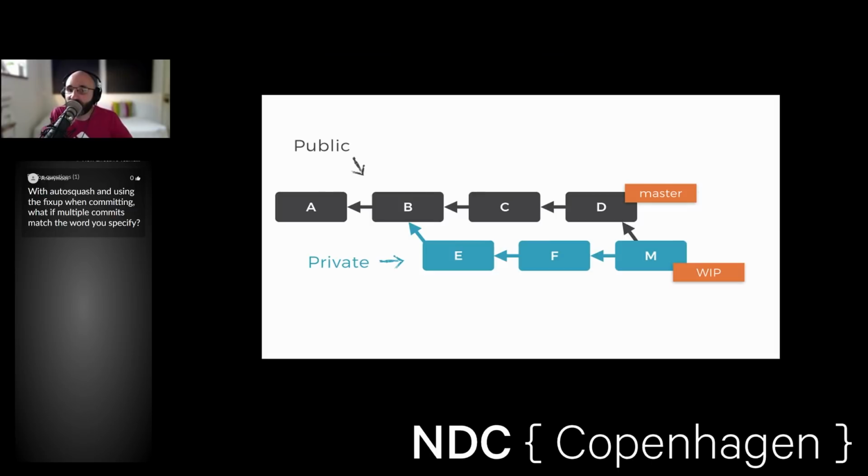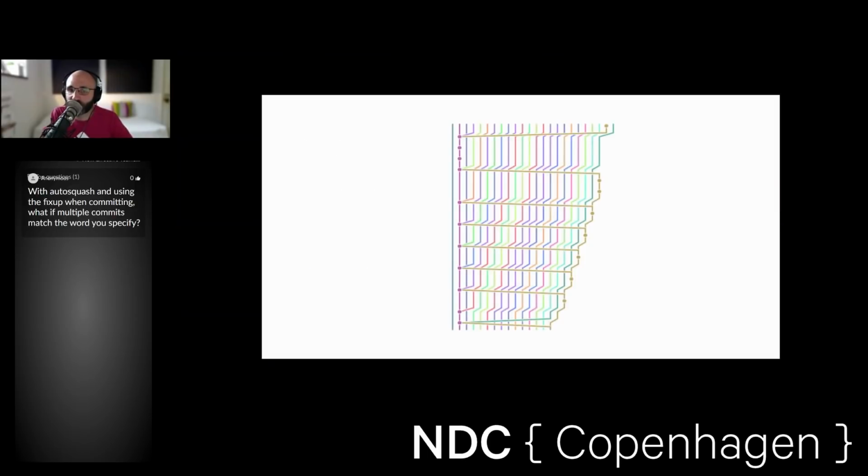What happens later when you want to merge your topic branch into master again? Well, you have a merge commit again, because you're merging private into public. And you see at this point, you have a double merge. And if you do this enough, your history is going to look like this.